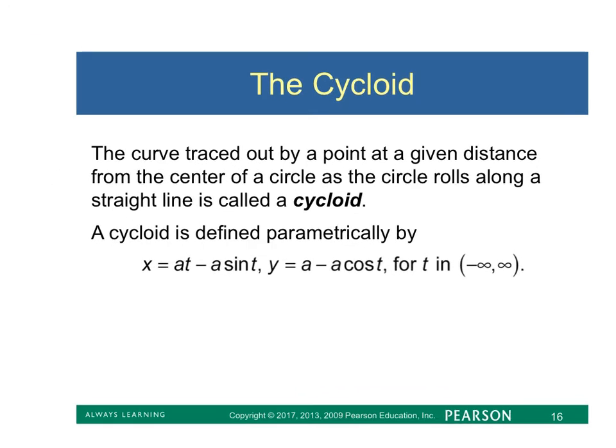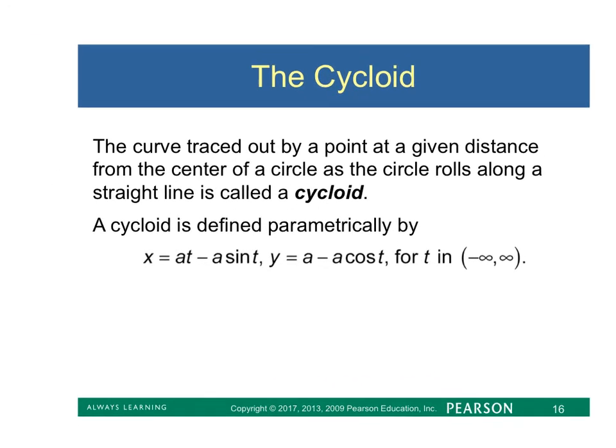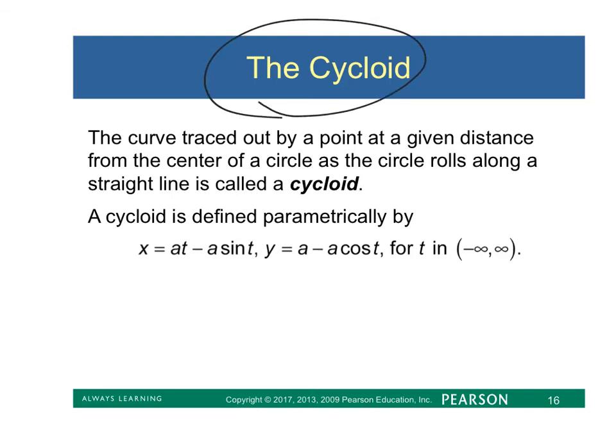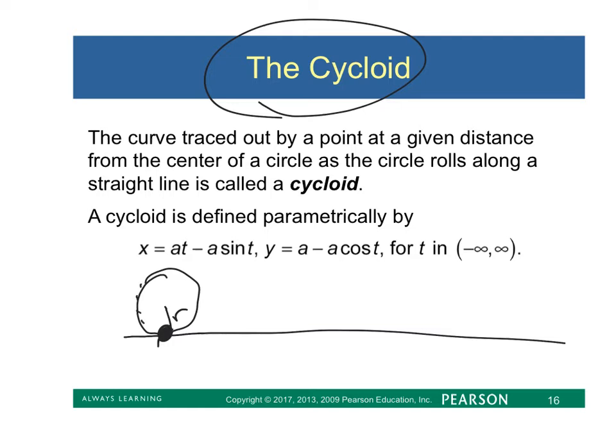Probably your famous graph in terms of parametric is the cycloid. And a cycloid, it's kind of cool. It's kind of like you take a wheel with a certain radius, and you put paint on one part of that wheel, and as that wheel goes around, that paint dot is going to go around, and then it's going to get touching again.